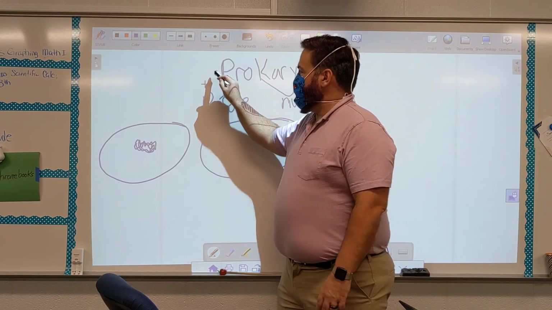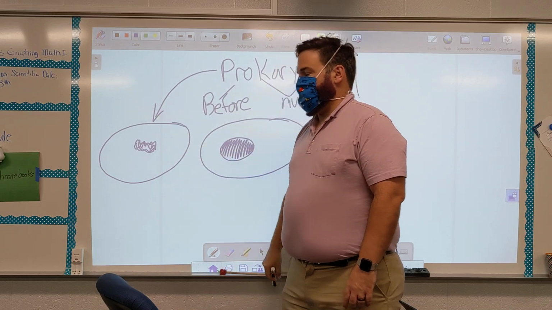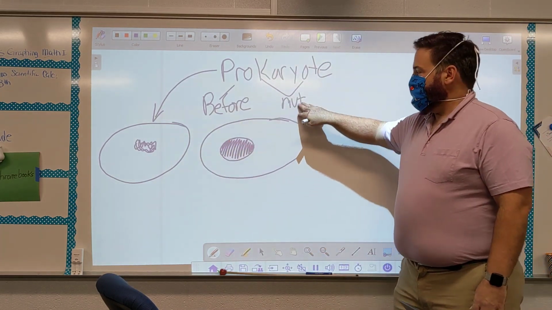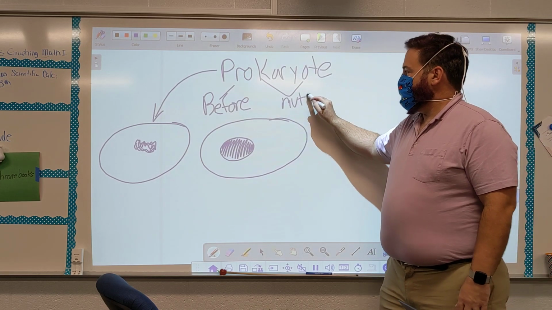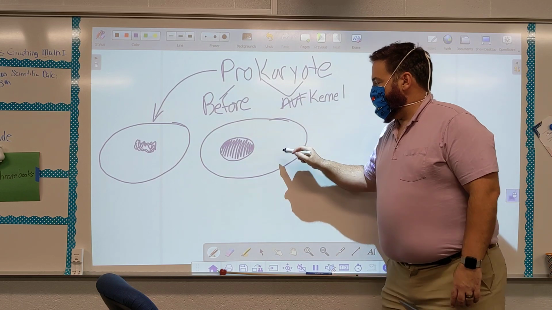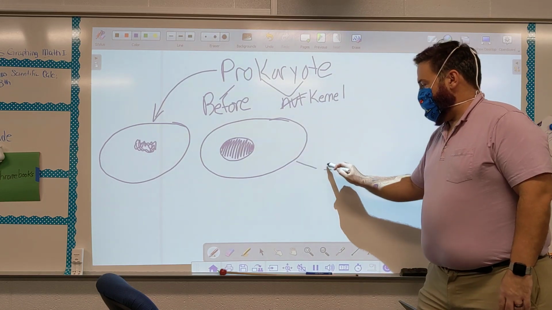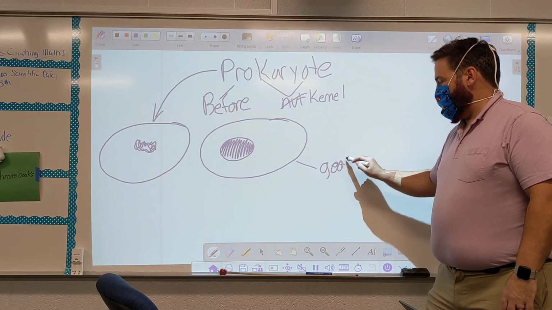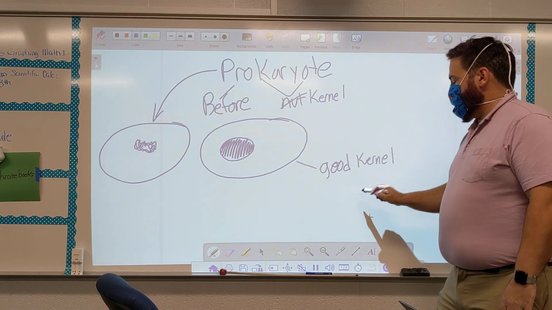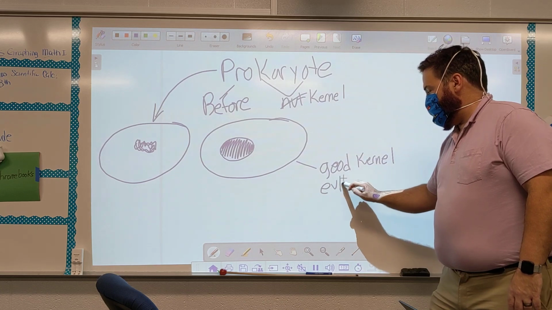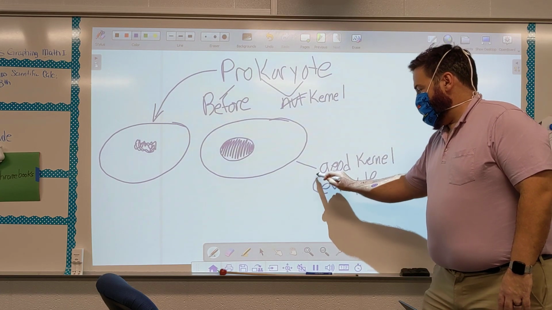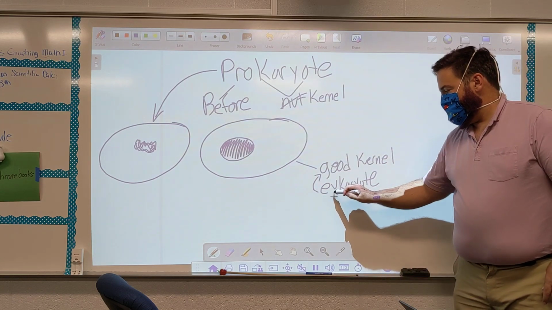So what they said is this is a prokaryotic cell, because it's before this kernel. Maybe that would be a better word. And then this cell, on the other hand, has a good kernel. So they called it a eukaryote. Eu means good.